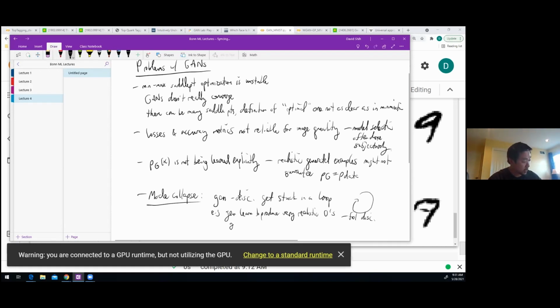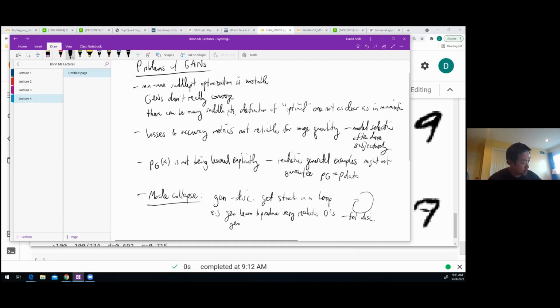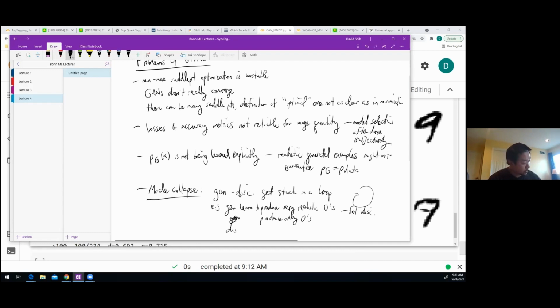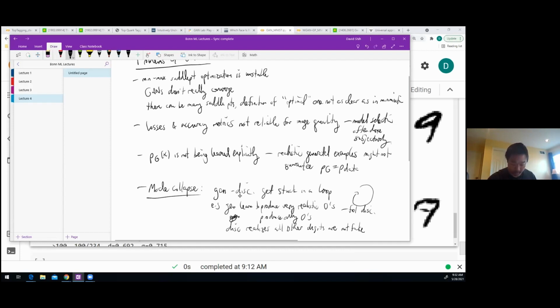Then it decides, hey, I'm so good at producing zeros, and it starts to produce only zeros. And then the discriminator realizes all the other digits are not fake. And so the discriminator is not being fooled maximally.